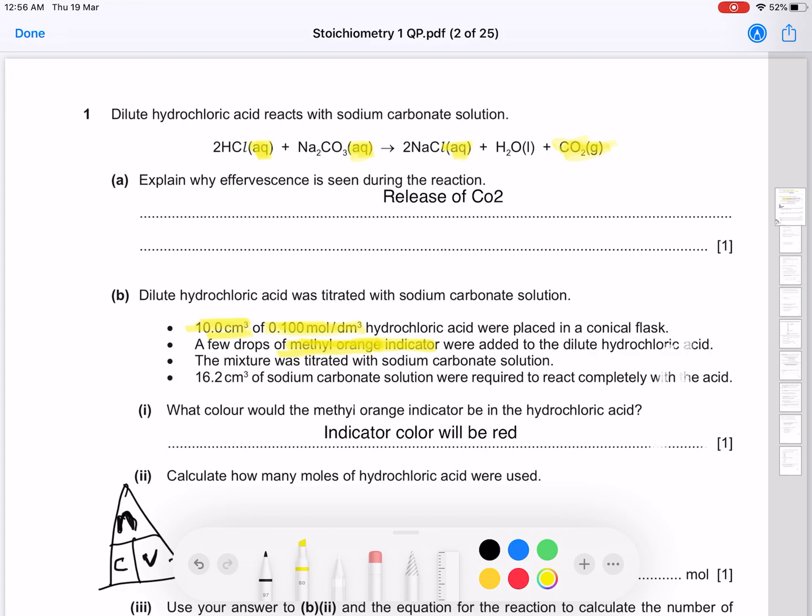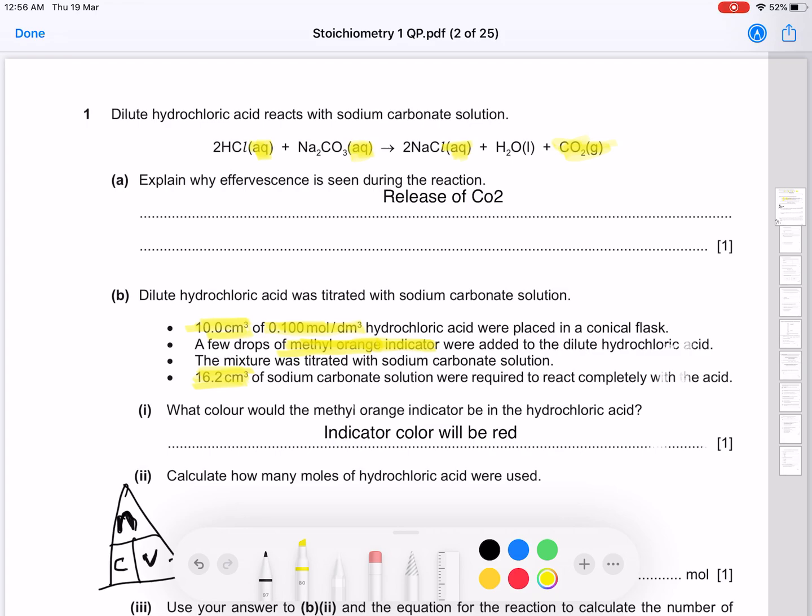All right. Then you continue your titration with sodium carbonate solution. He gave you here the volume of the sodium carbonate solution, which is 16.2 centimeter cube, that was added to the acid until the neutralization point.